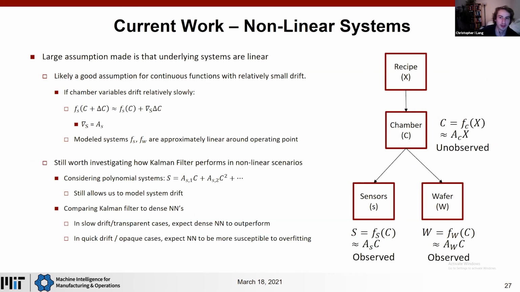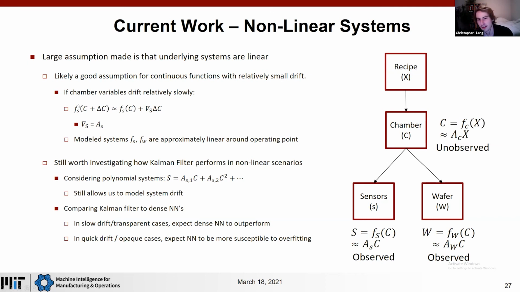So the thing that I'm currently working on, which is something that has been pointed out before, is that a pretty big assumption I'm making is that the underlying system is linear. For systems where we have a continuous function with a relatively small amount of drift at each time point, it's a pretty reasonable assumption.